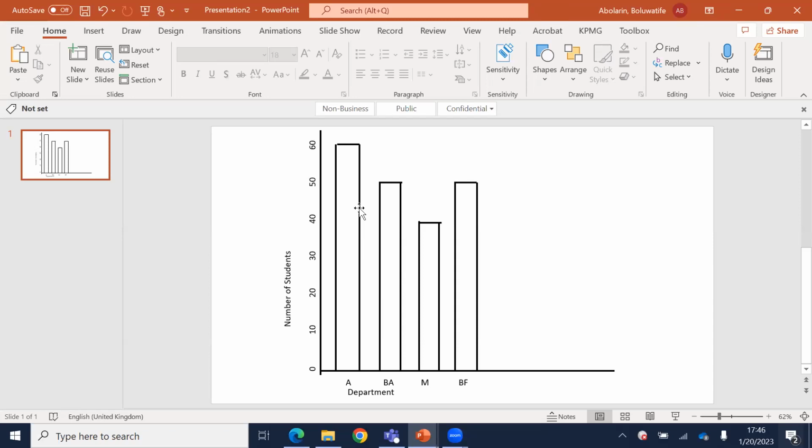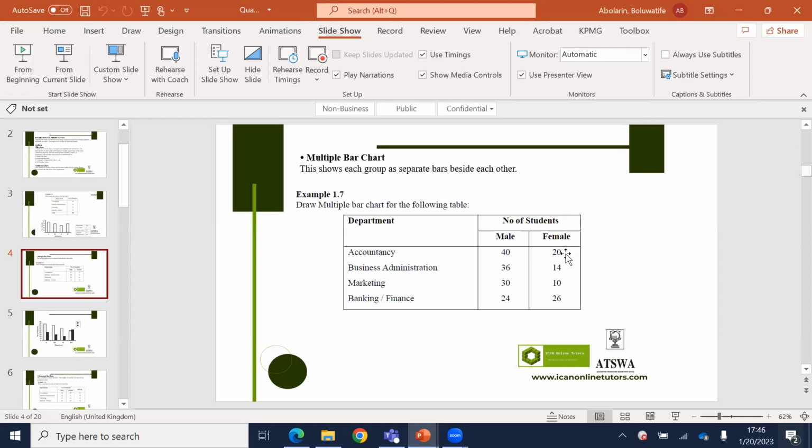So now male is 40. So this will be 40. Female is 20.